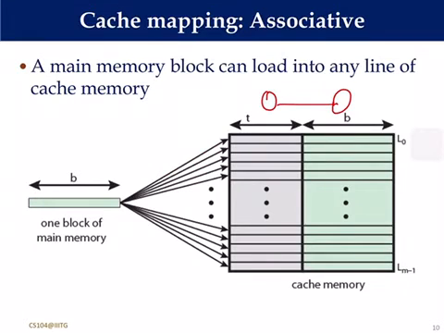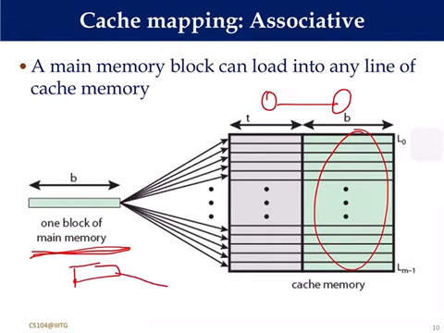This says one main memory block can be stored anywhere in the cache. Initially, if there was a main memory block, it would go to a particular cache block. That was fixed in the case of direct mapping. But in this case, one particular block in main memory can go anywhere.